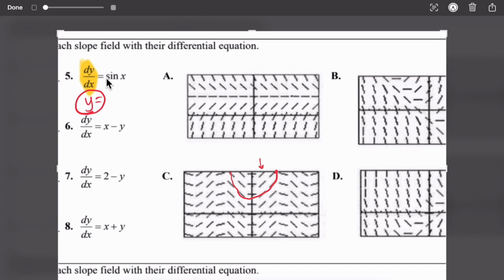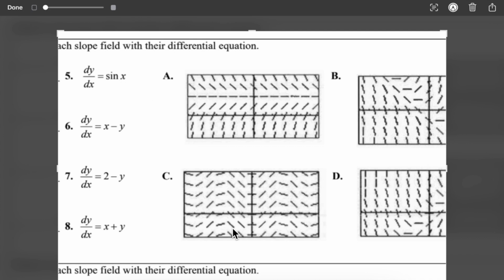That is the slope. Okay, so let's look at y prime equals sine of x, and I try to look where there's a zero slope, because that's often going to give you the most information. So right here we see a zero slope at, it looks like y equals 2, and the problem is that this doesn't change as x changes. This differential equation only depends on the x.